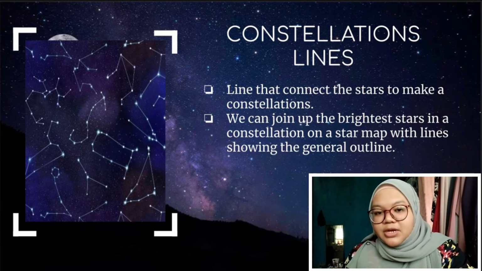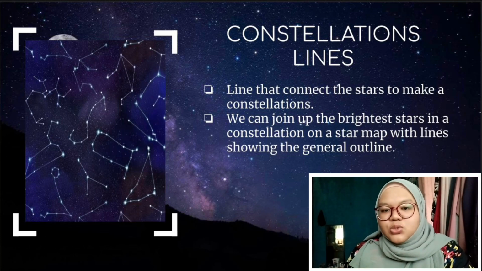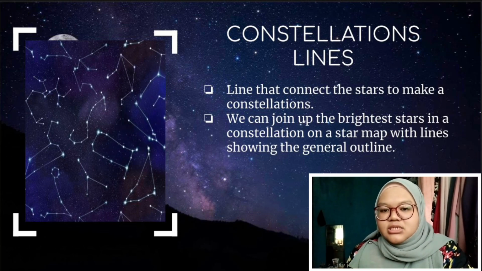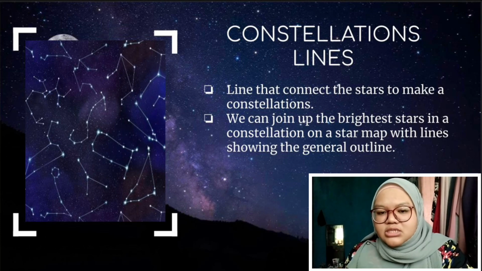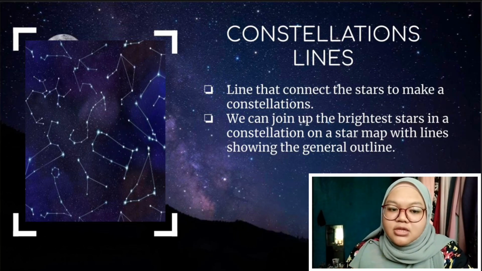We can join up the brightest stars in a constellation on a star map with lines showing the general outline, or maybe just the brightest asterisms within and among the constellations, such as the Big Dipper or the Summer Triangle. Although the boundaries of all the constellations are very well defined, the way stars are joined within a constellation to make a pattern may vary slightly from map to map.